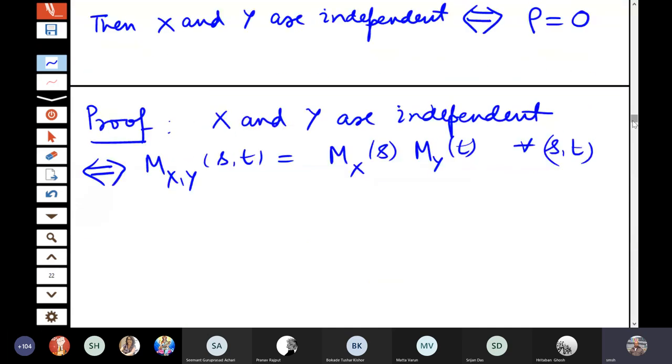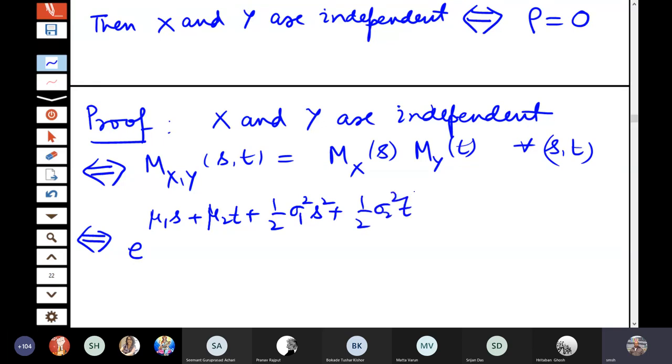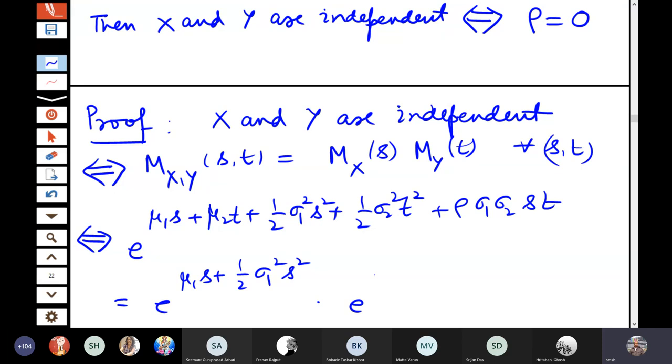So this condition is equivalent to e to the power mu1 s plus mu2 t plus half sigma 1 square s square plus half sigma 2 square t square plus rho sigma 1 sigma 2 st, that is equal to e to the power mu1 s plus half sigma 1 square s square into e to the power mu2 t plus half sigma 2 square t square.